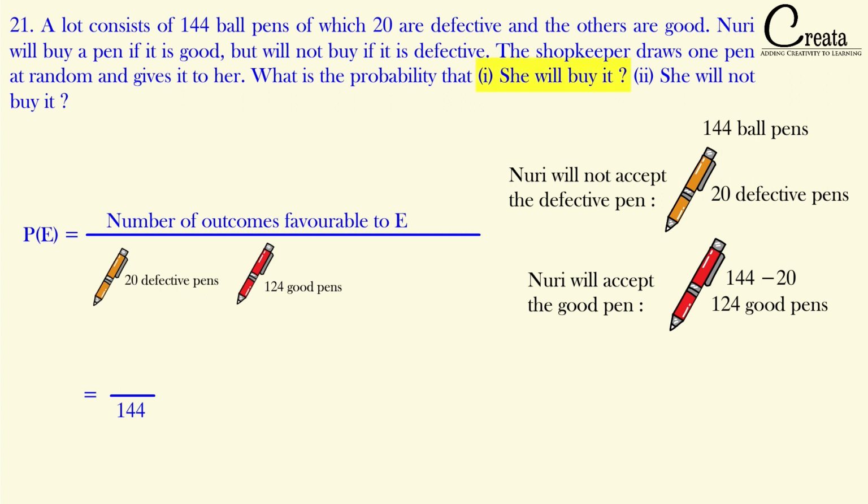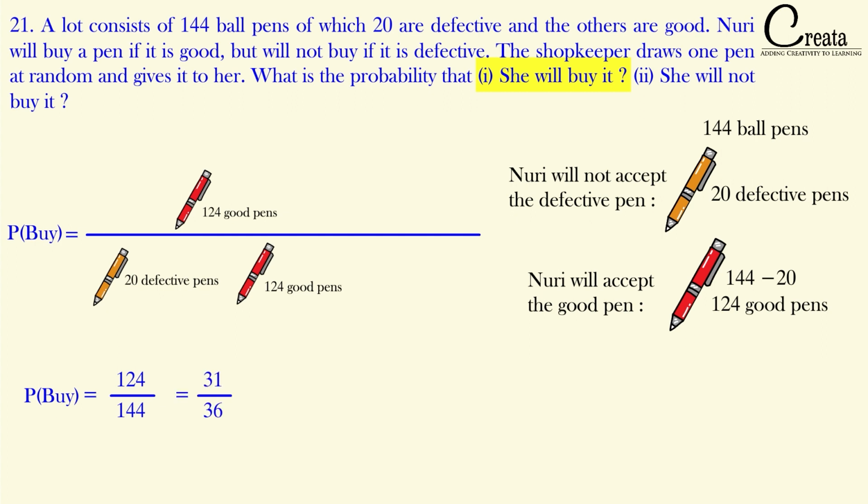So in the first case, we have to find the probability of a good pen. So in the numerator, what will be the favorable outcome? The favorable outcome will be a good pen, which are 124 good pens. So these 124 good pens will come in the numerator, as these are the favorable outcomes. We got the probability as 124 over 144, which is 31 by 36, which is the answer of the first part.